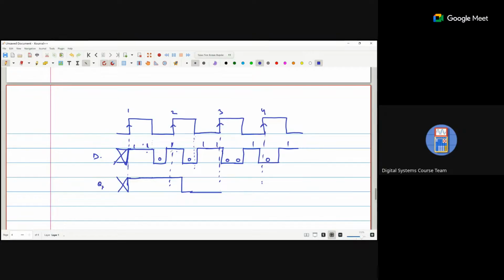Now the third clock positive edge, if it is 0, so it will be 0. Before that it will be 1, and continue. Next, it is 0.